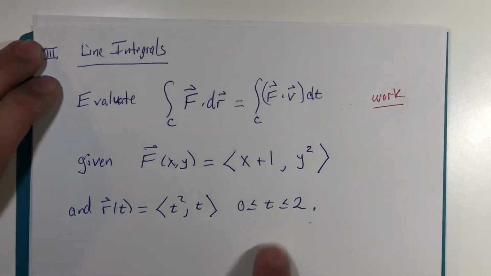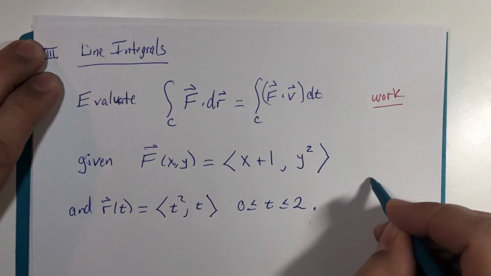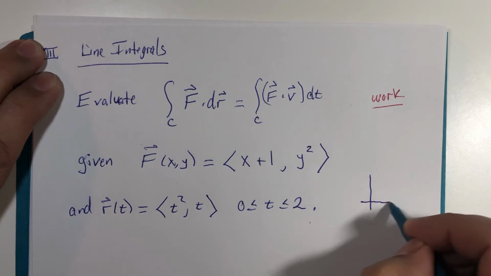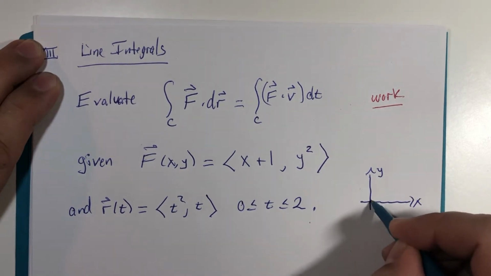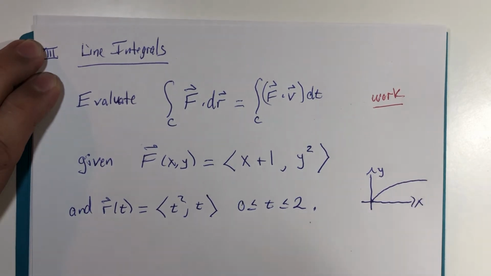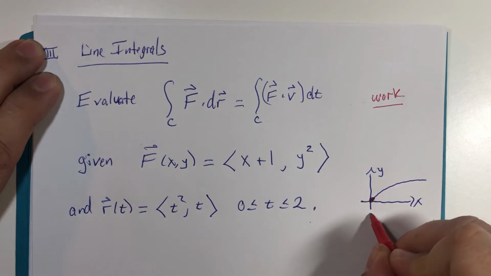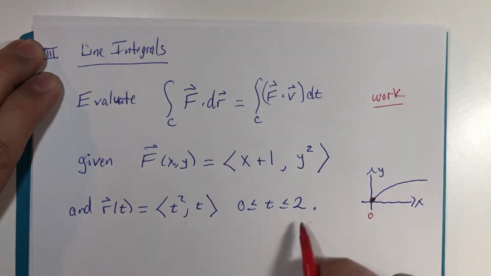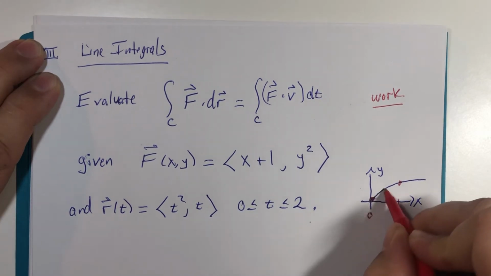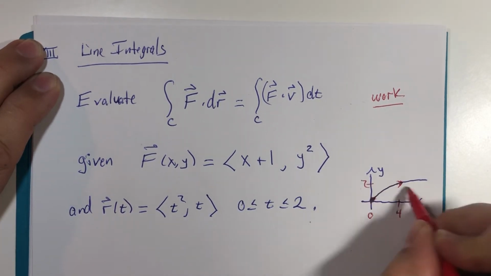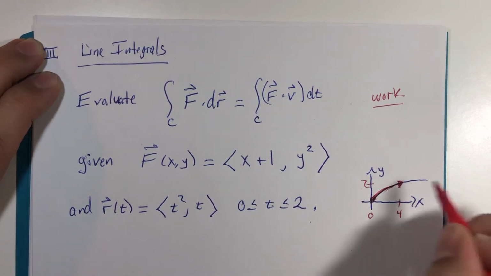This is not a requirement in my directions here, but if you're curious, what you'd be looking at is along the square root graph from time is 0 to time is 2, where 2 squared would be 4. It would be from here to here, from the origin to that point.